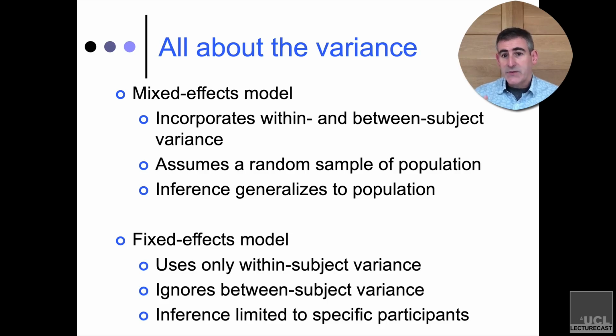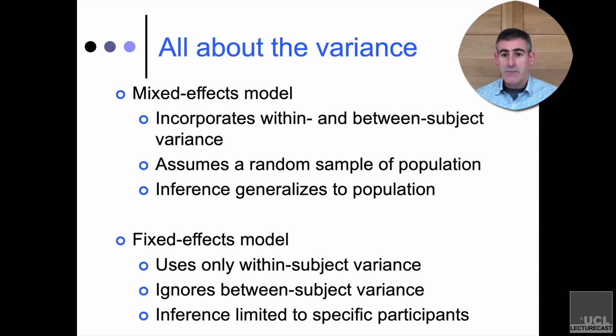In addition, there's variance between people. So whether you're a good activator for primary motor cortex and I'm a bad one or whatever, those things all end up producing between subject variance. And the two sources of variance, both within and between, are things that we want to take into account.